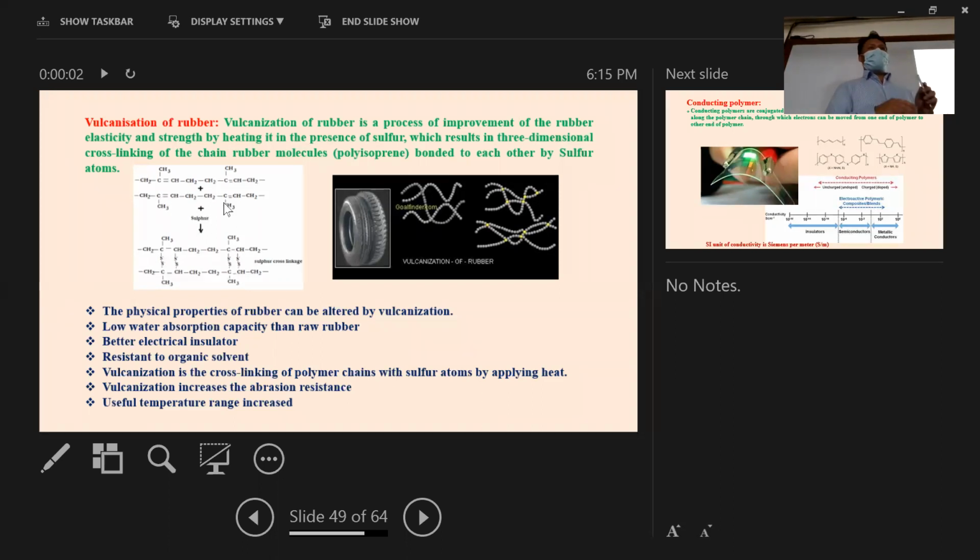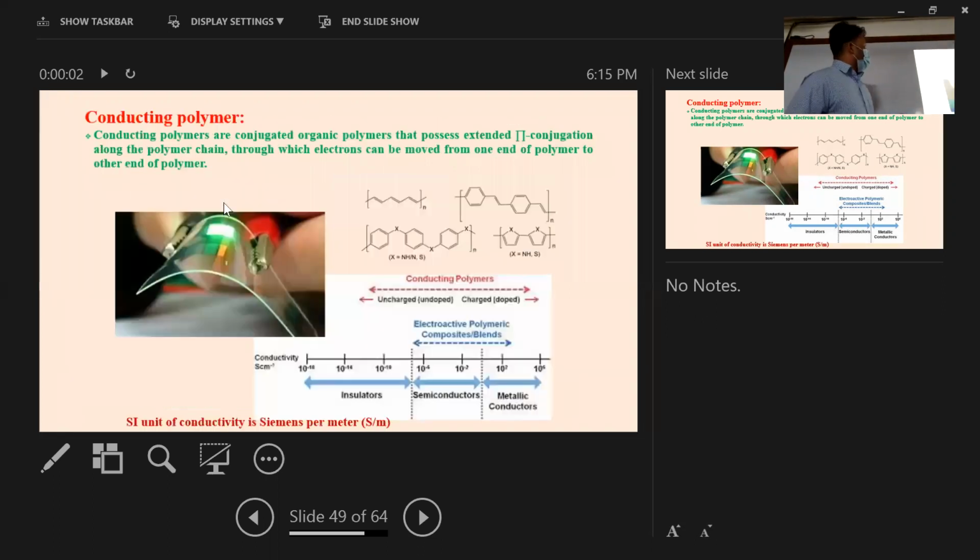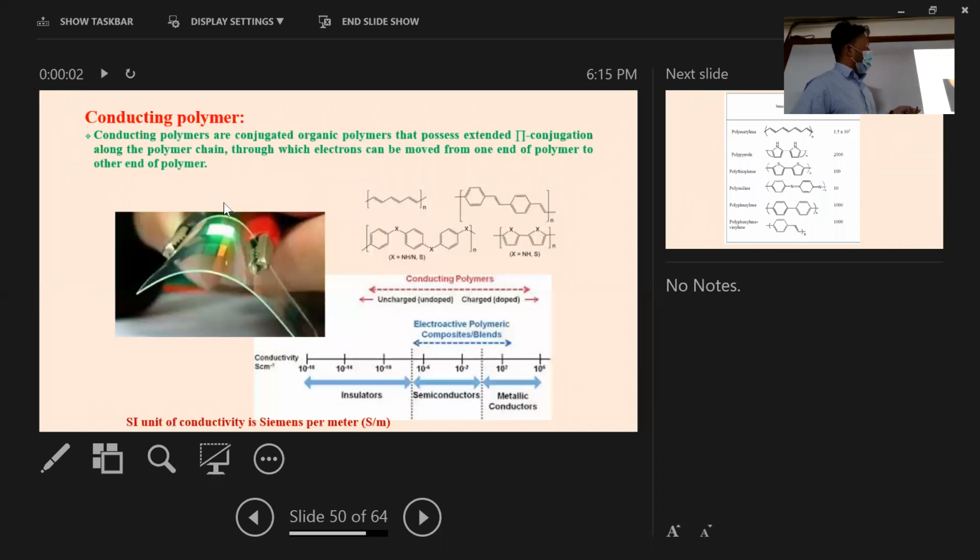So first I put it inside the liquid nitrogen, the temperature is very low. Inside nitrogen it will not blast, it will just harden, and then when you throw it somewhere, it decomposes. And conducting polymers, that means some polymers can help to conduct electricity.